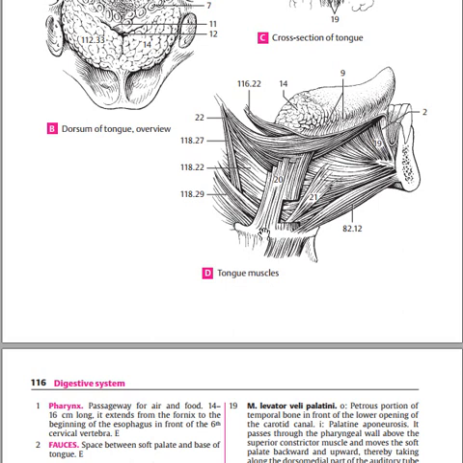Now, inferiorly here, you have the hyoid bone. The hyoid bone also has a process with musculature attaching to the tongue, so you can already guess a name from that: the hyoglossus. That's why number 20 here is called the hyoglossus muscle.